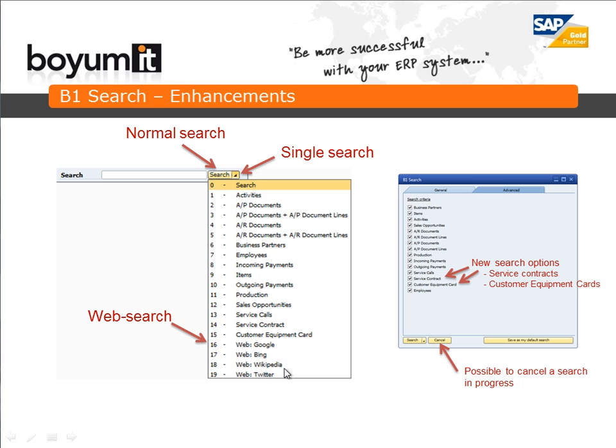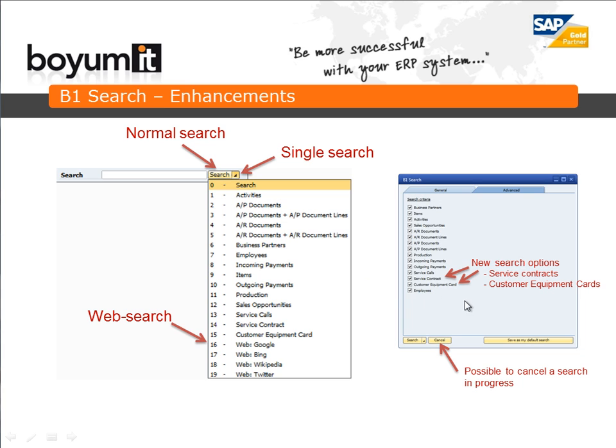That will give you a drop down, and here you can tell what kind of thing you would like to search for. So if you know the search term is a business partner, you can simply search for business partners, and thereby get a faster search. The single search also introduced web searches, so you can simply choose one of these in order to search for Google, Bing, Wikipedia, or Twitter.